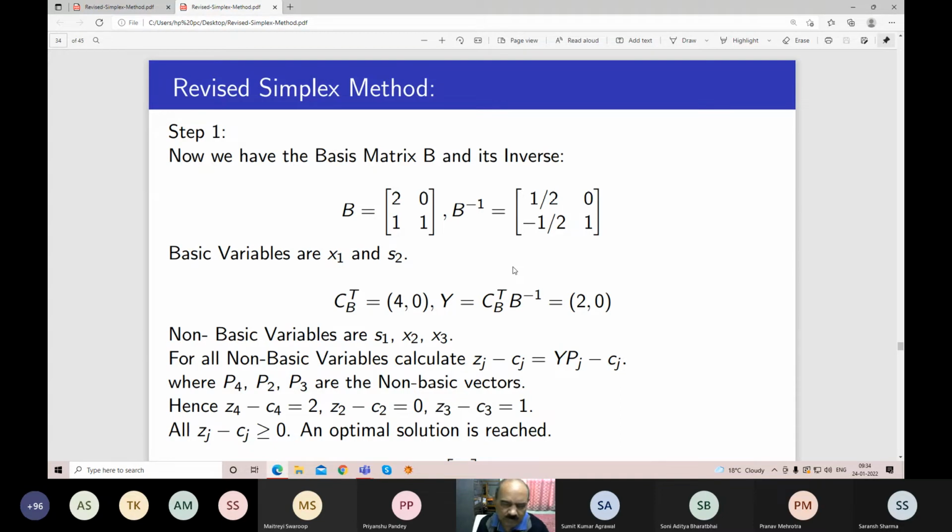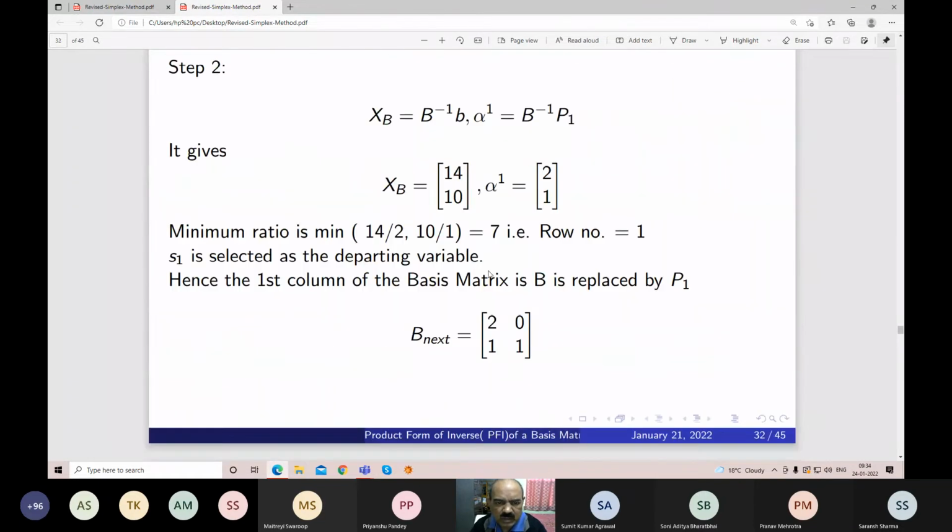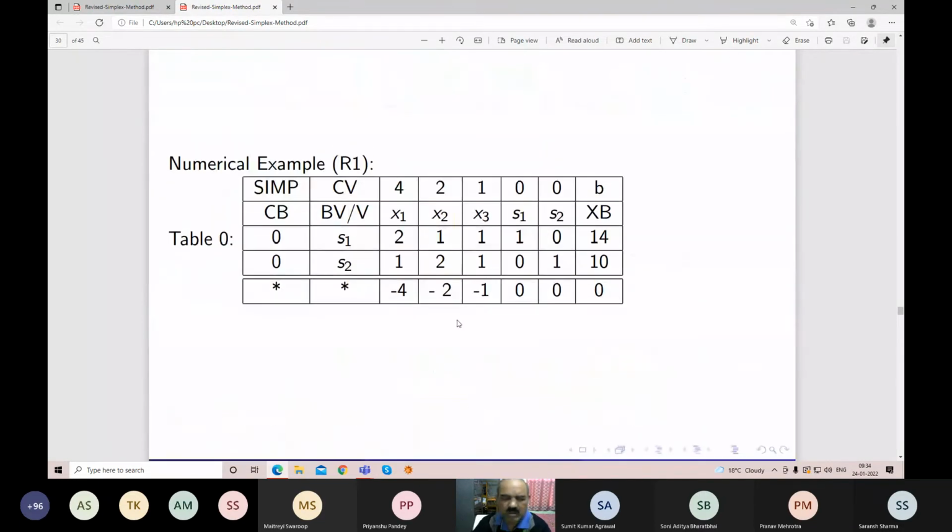Now the second time, there is a possibility of an alternate optimal solution. Why is it so? The reason is, below x2, Z2 minus C2, in the second attempt we have got 0. Zero means this column 1, 2 may be changed.